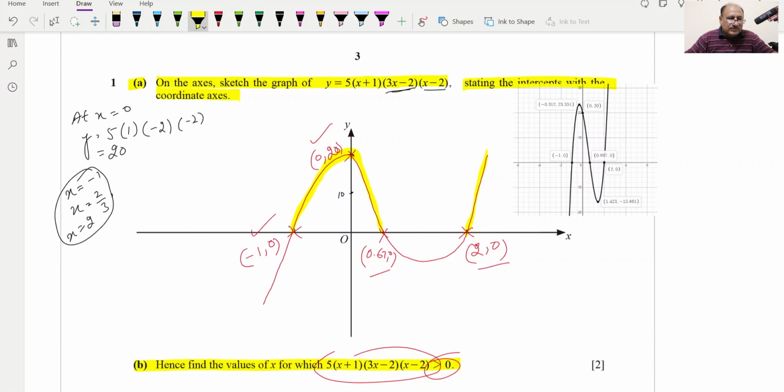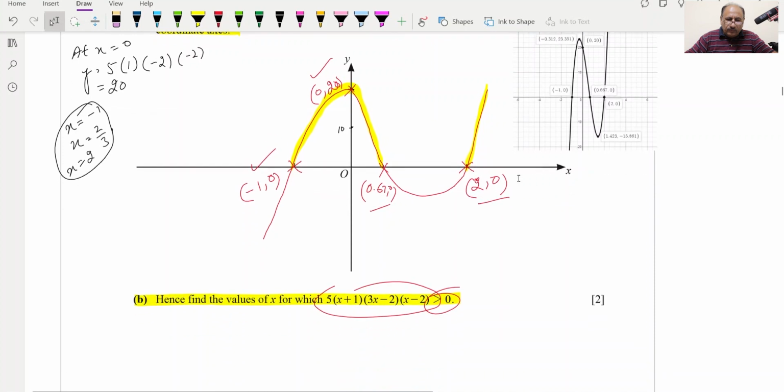For these sections the y value is greater than 0. So we can write that x should be greater than minus 1.